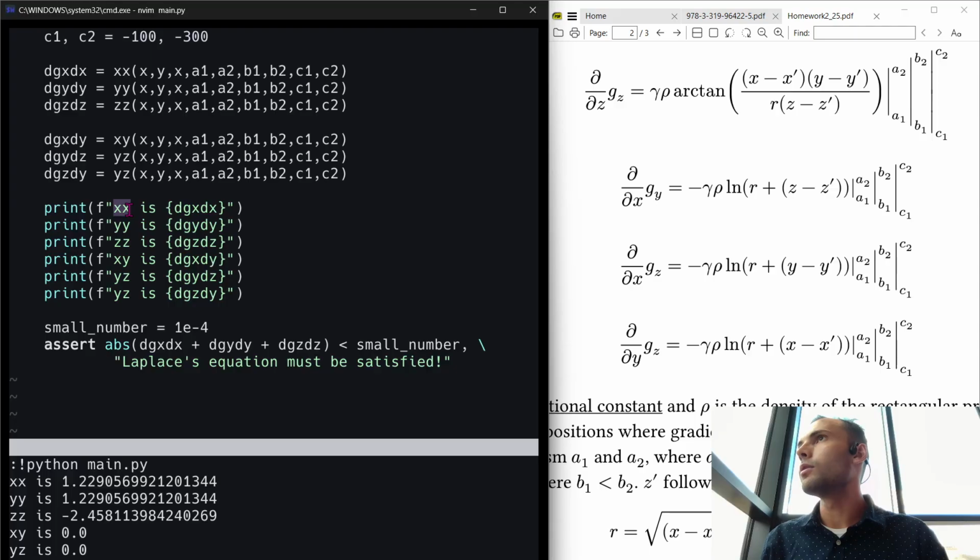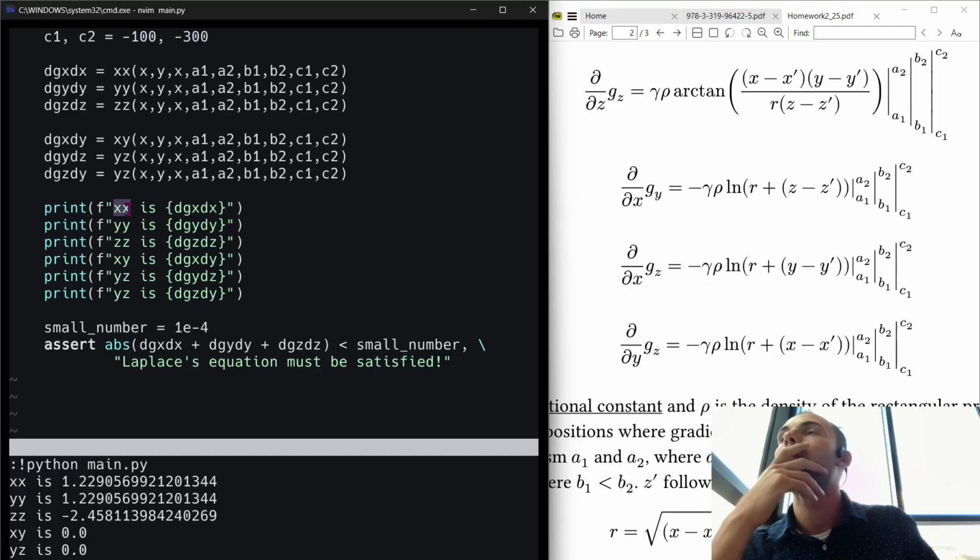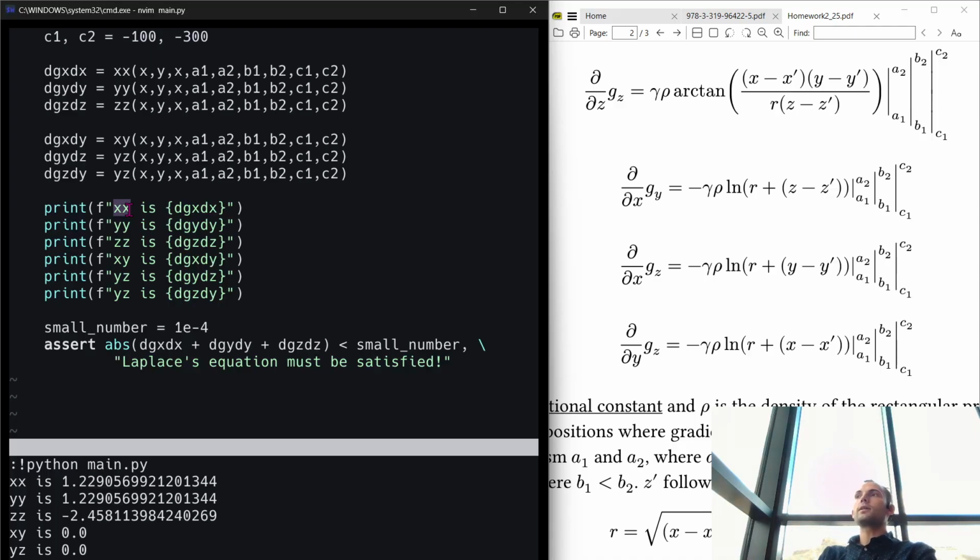So we have symmetry with respect to the xy plane, the yz plane, and the xz plane. So I'd expect those to be 0.